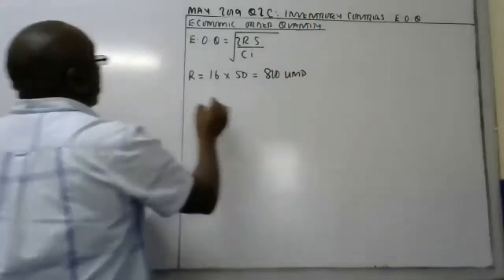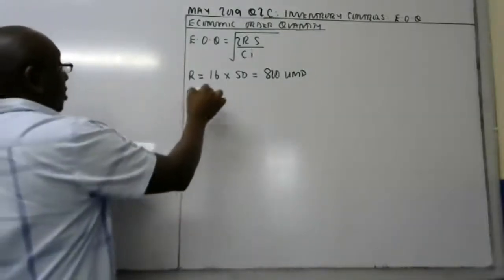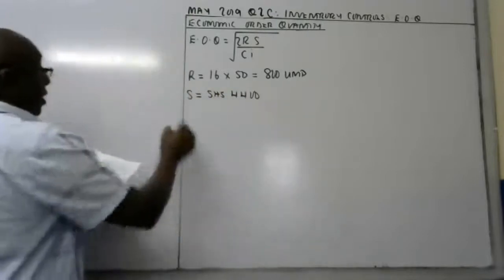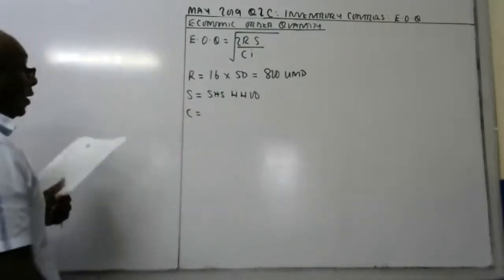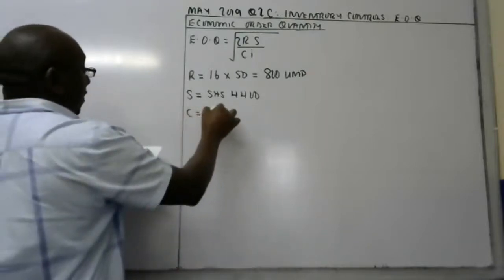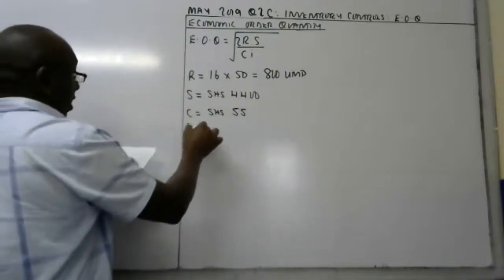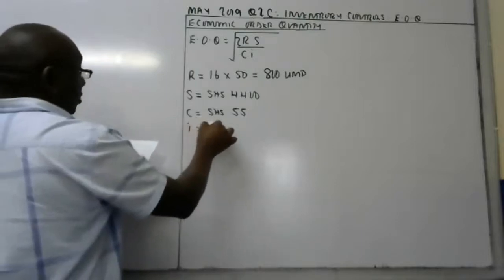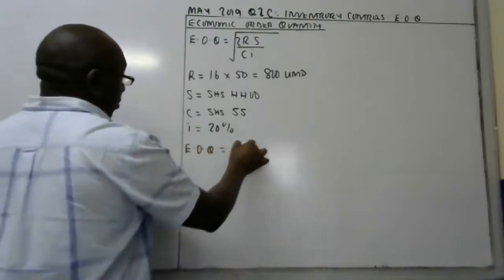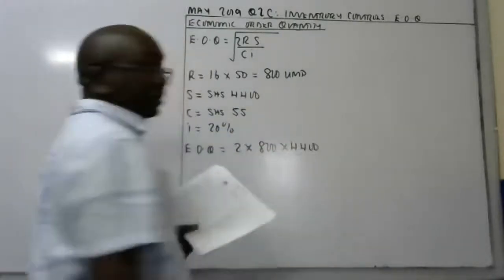Then S, the fixed cost per order, we are told it is shillings 4,400. C, cost per unit is shillings 55. And then I, the cost of capital, is 20%. And therefore, EOQ should be 2 times 800 times 4,400.